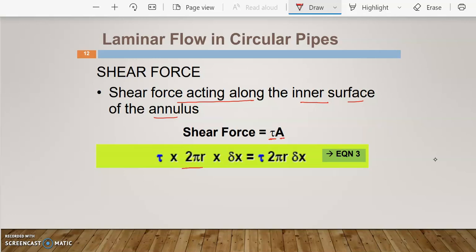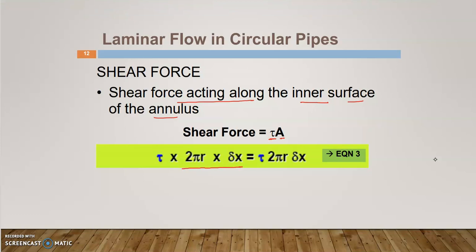This is the formula of the area: 2 pi r times delta x, the length of the boundary of the pipe, the inner surface. So the force equals tau times 2 pi r times delta x. So it gives equation 3.